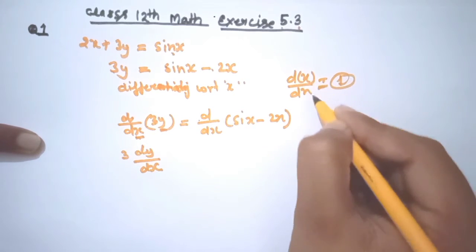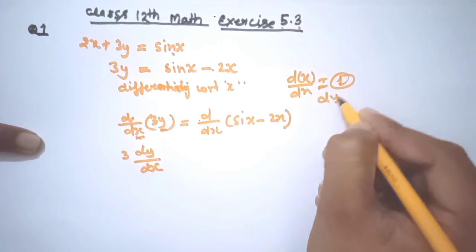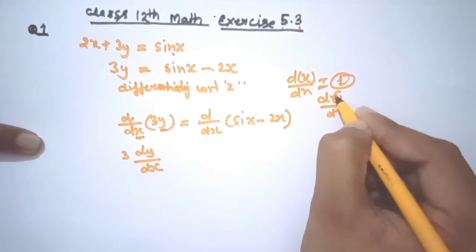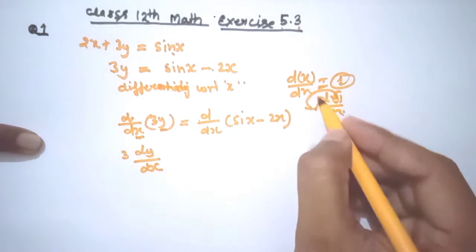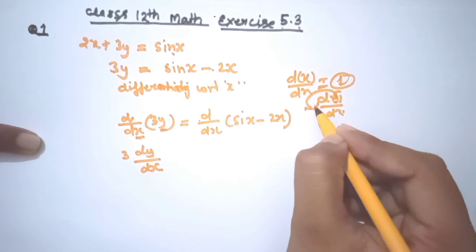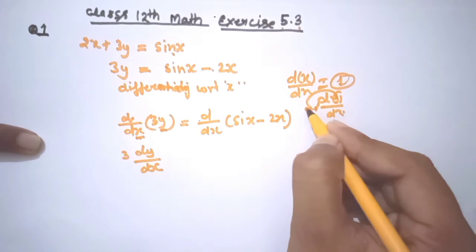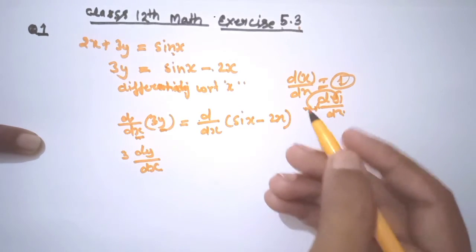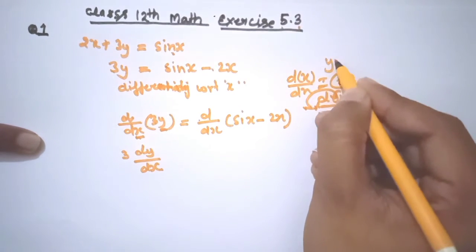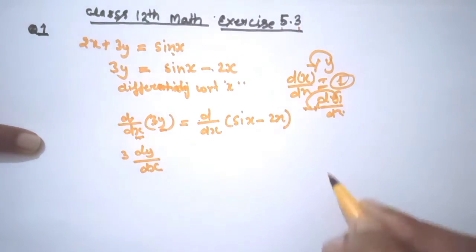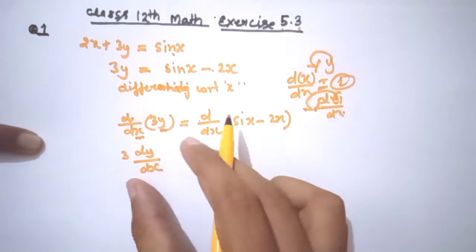But see, it is dy by dx, so this y will not be differentiated with respect to x. It will be written as y's differentiation, but we have to note it as dy by dx.